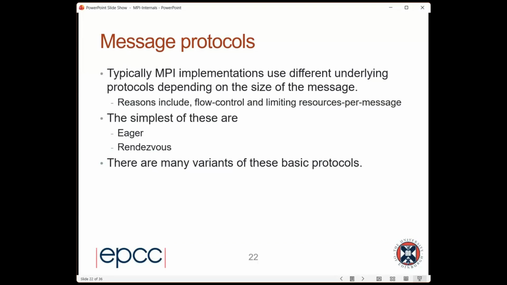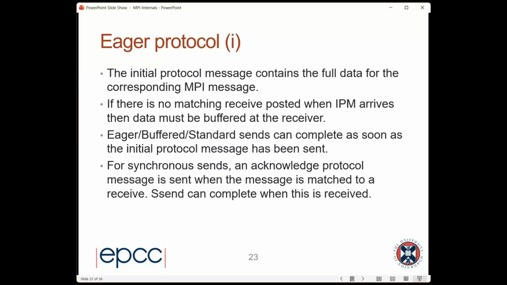The two ways that most MPI implementations will send data between two processes, there are two protocols. One is eager and one is called rendezvous. There's lots of variants on these, but if you understand how eager and rendezvous work, then you've got a good mental model for how MPI sends data, and then you can try and understand any performance issues you have in terms of this. So the eager protocol, okay.